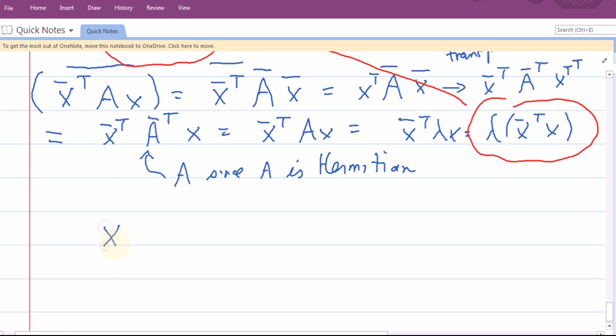So I'm getting that x conjugate transpose Ax, and I take its conjugate transpose, is equal to the same number, x conjugate transpose Ax.